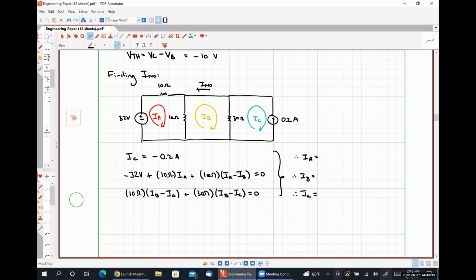And solving, I find that IA is 61 over 35 amps. IB is 2/7 of an amp, and IC is negative 0.2 amps. How does I Norton relate to our mesh currents?